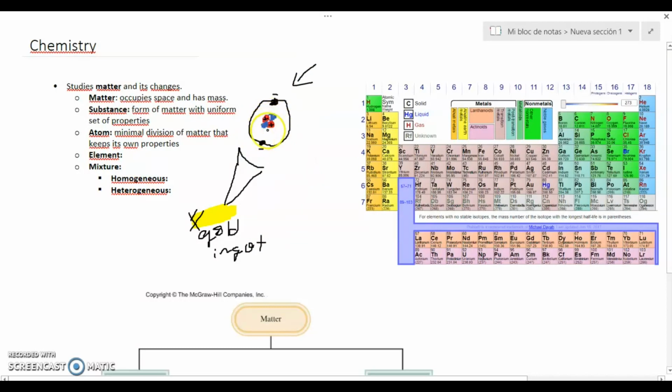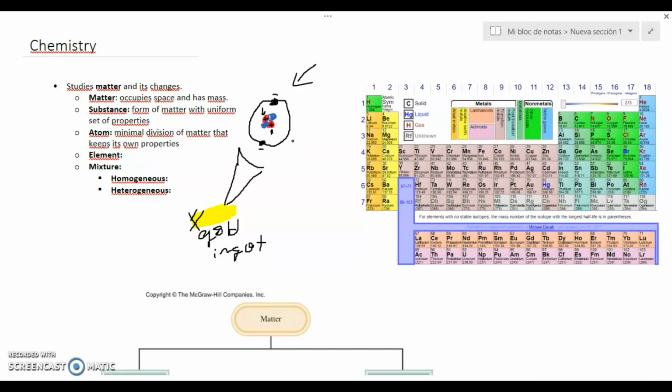Now, this is not an atom of gold. This is an atom of helium, and you can tell by the amount of protons that you have there. But an atom is essentially a unit of mass that keeps its own properties.